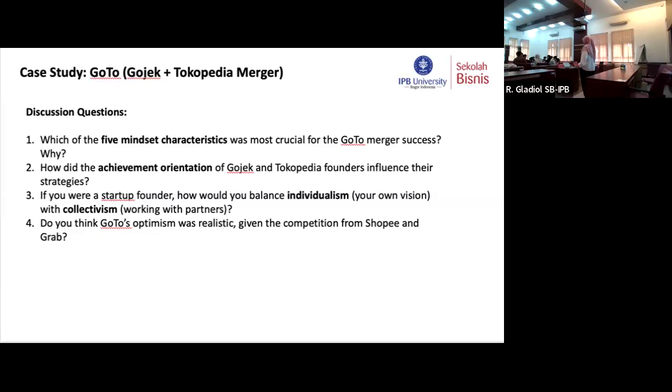Do you think GoTo's optimism was realistic given the competition from Shopee and Grab? Please. I think it's realistic because there is market potential. Indonesia has one of the fastest growing digital markets. Please try with English.